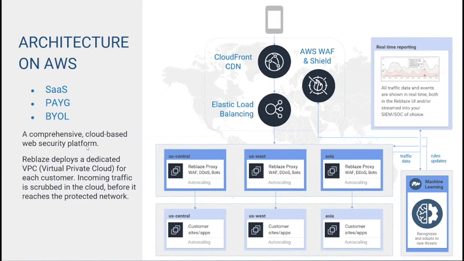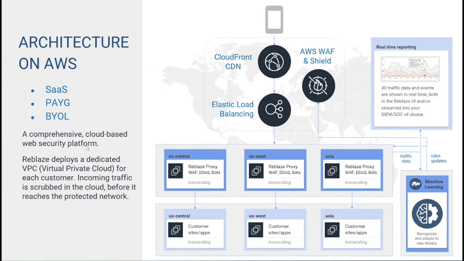In the SaaS, we provide the service, including all the infrastructure that is required. In pay as you go and bring your own license, you can purchase the service through the AWS Marketplace, and the infrastructure of the service will be part of your own virtual private cloud, which is a big benefit.